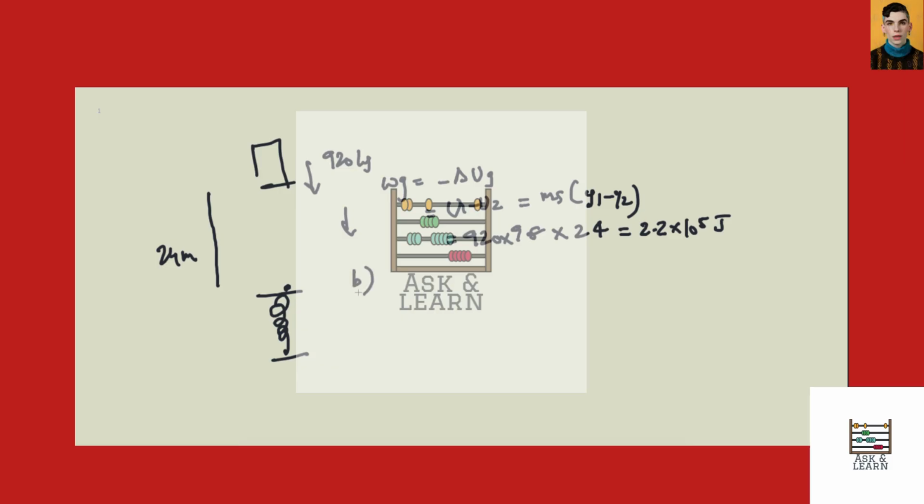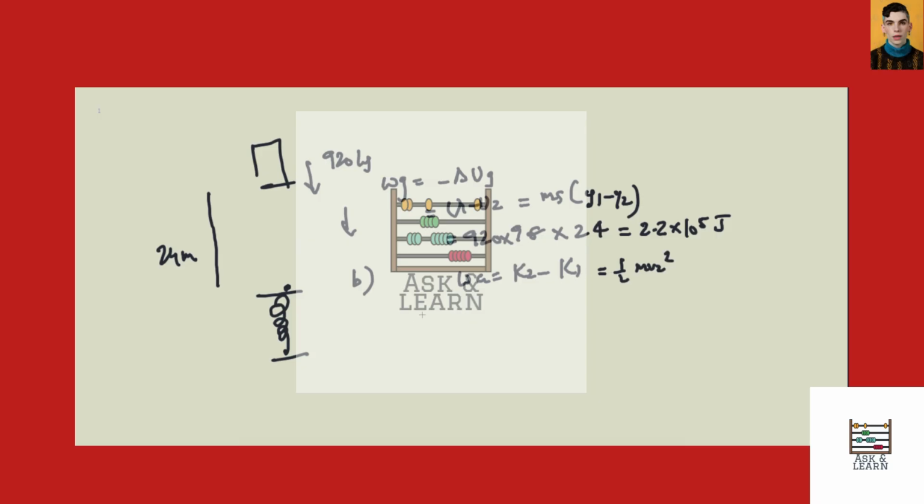Now, the B part of the problem is the speed of the elevator just before striking the spring. We know that the work done by gravity is equal to the change in kinetic energy, which should be equal to half m v2 squared.